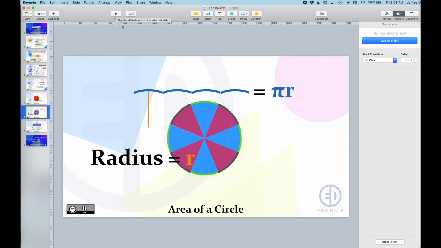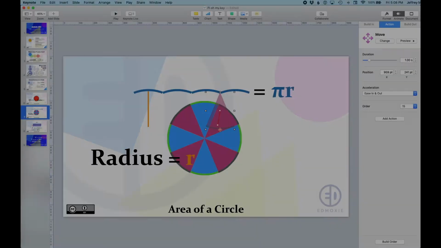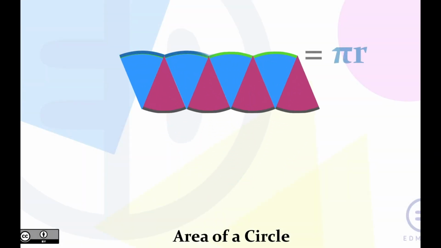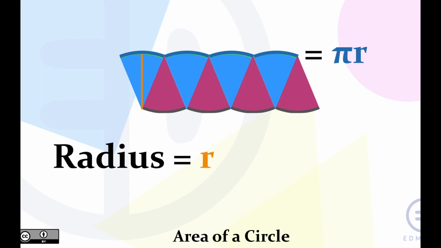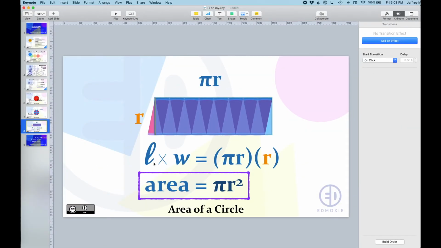You can see these have a move which moved this pie piece to here. This pie piece moved and rotated to here, and so on, but they will all end up going like that, which gives me the opportunity to continue to talk about how circles can get broken into all these little wedges that ultimately look like this, which eventually gets us to a rectangle, which gives us 2 pi r squared.